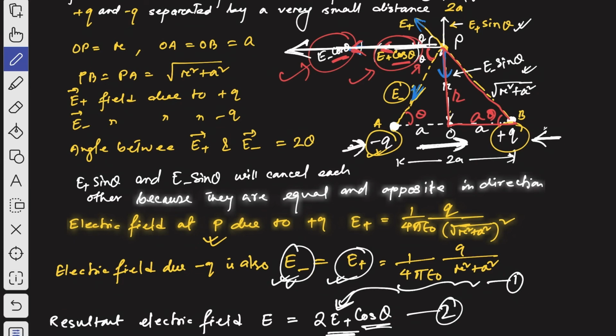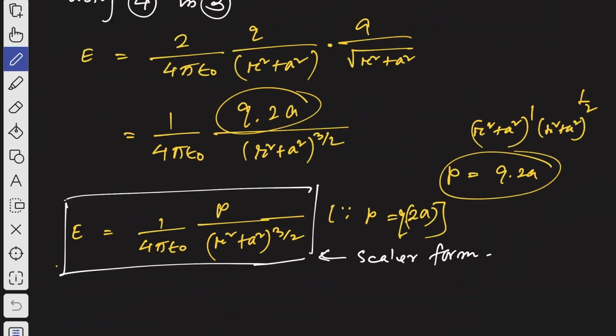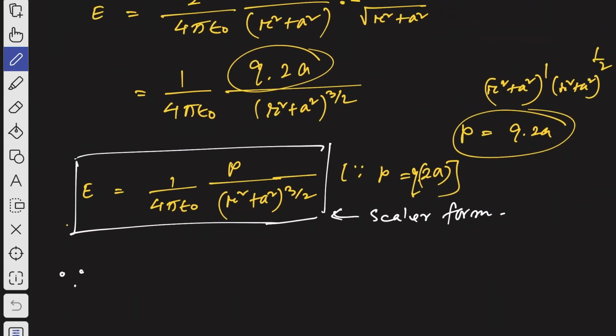And here you see the direction of the resultant electric field at point P. Both are opposite in direction. So the resultant electric field and the dipole moment are opposite in direction, right?